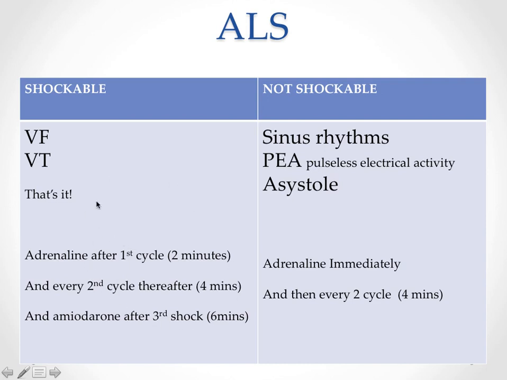You give adrenaline every second cycle, and you give amiodarone on the third cycle. We'll get a chance to practice this on the day. For non-shockable rhythms, there is pulseless electrical activity, or PEA, and asystole. Either of these rhythms, you need to give adrenaline immediately and CPR immediately and reassess in 2 minutes' time.